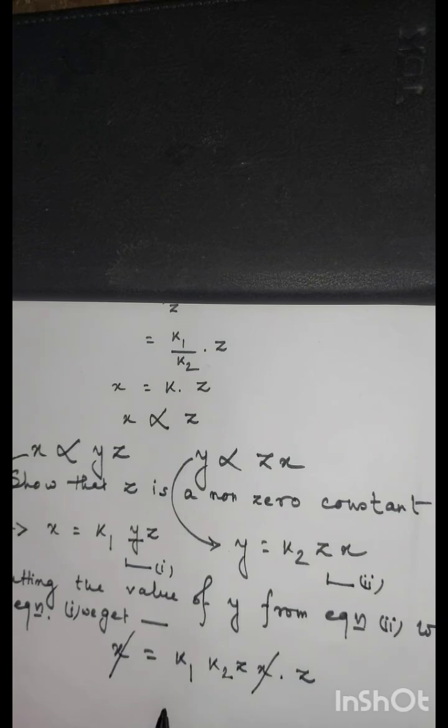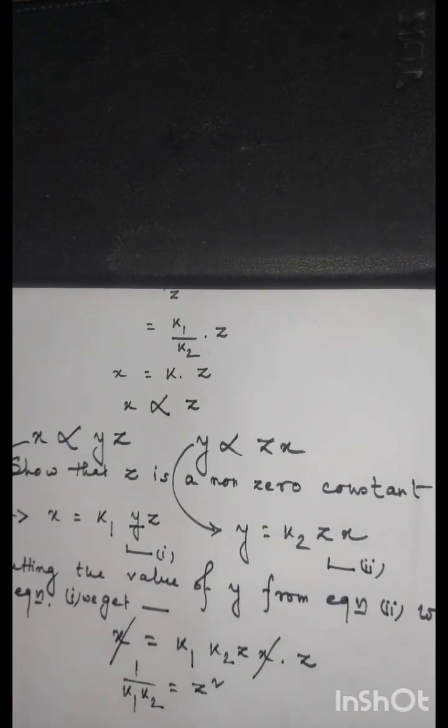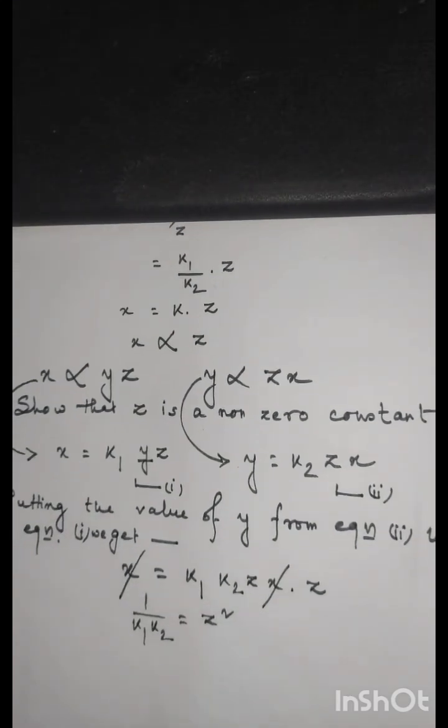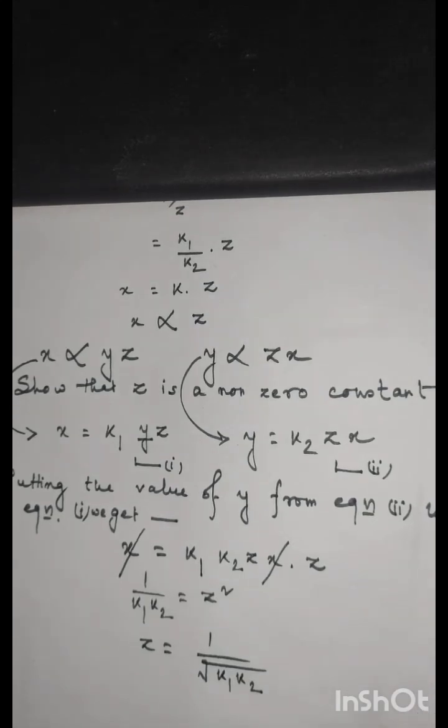It becomes z square equal to 1 by k1 k2. Z equal to 1 by root over k1 k2.